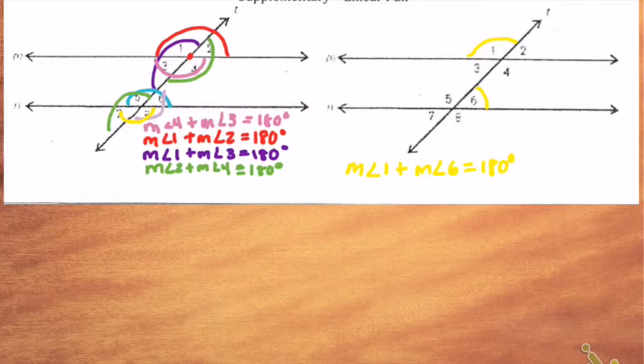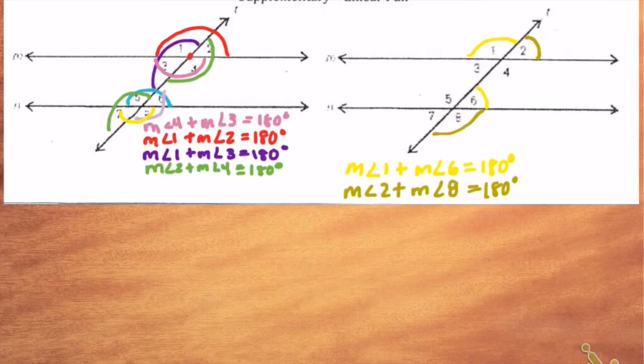So let's look at that. Let's find another one, like angle 2 and angle 8 would be supplementary. So the measure of angle 2 plus the measure of angle 8 is 180 degrees. Again, those are not a linear pair because they're not adjacent, but if 2 happens to be the same as 7, and 7 and 8 are supplementary, then 2 and 8 are supplementary as well.